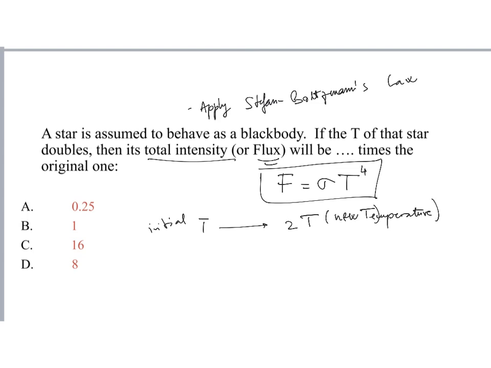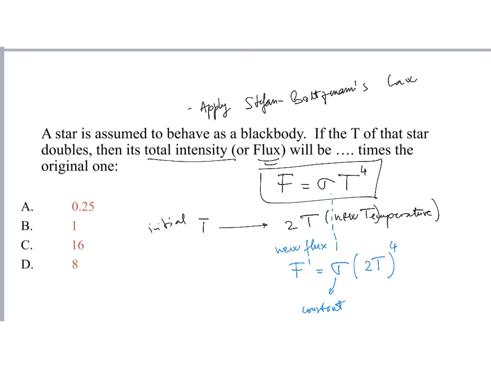All right, what's going to happen with the flux? All right, so the new flux or total intensity is going to be F prime, is going to be sigma, the same, right? This is just a constant. It's Boltzmann's constant. And then we have the new temperature. Remember, that is 2 times the old temperature.